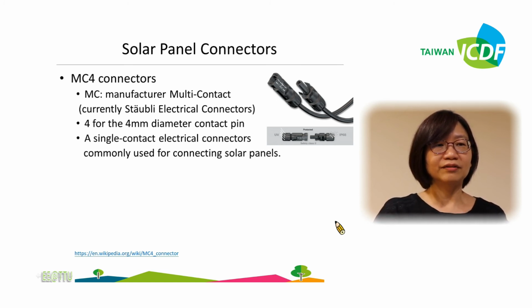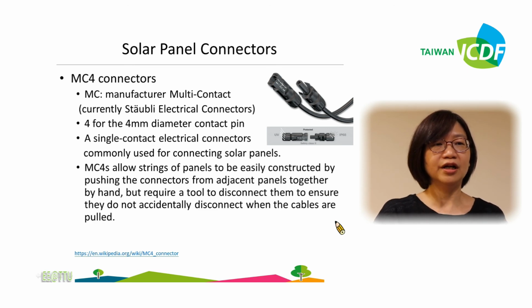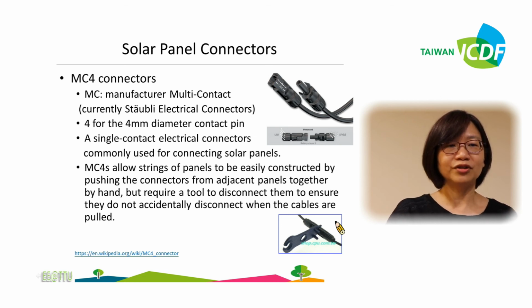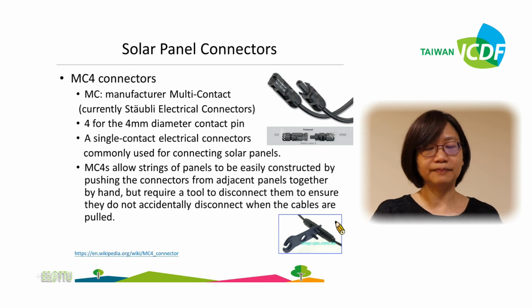It's a single contact electrical connector, commonly used for connecting solar panels. MC4 allows strings of panels to be easily constructed by pushing the connectors from adjacent panels together by hand, but requires a tool to disconnect them to ensure they do not accidentally disconnect when the cables are pulled.